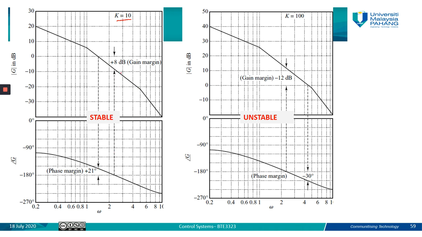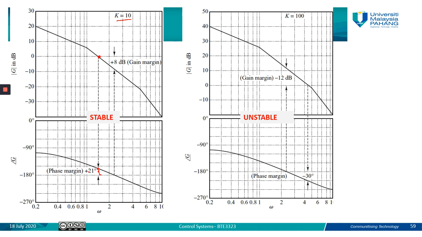Okay. So in this case, if we want to know if the system is stable or not, we want to find the crossover frequency here. So at this point, we draw until this point, then we find the difference between the 180 and the crossover frequency. So the angle here is plus 21.